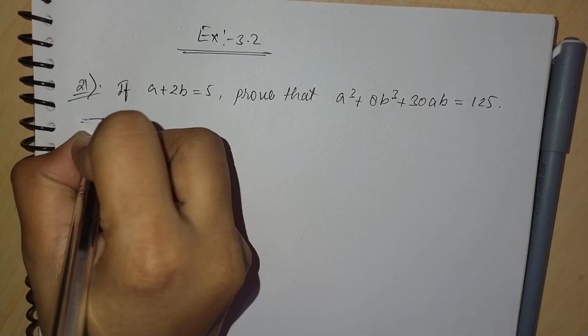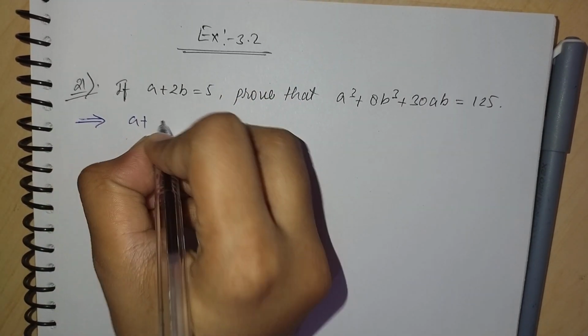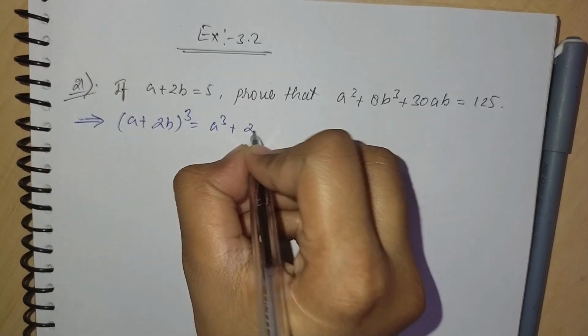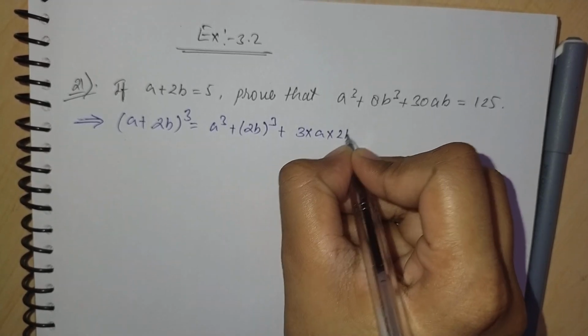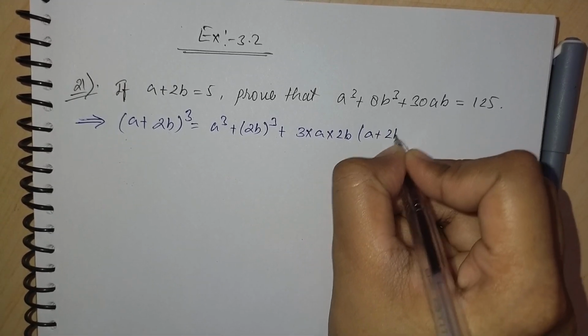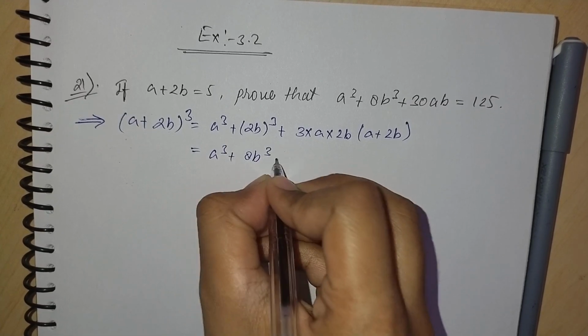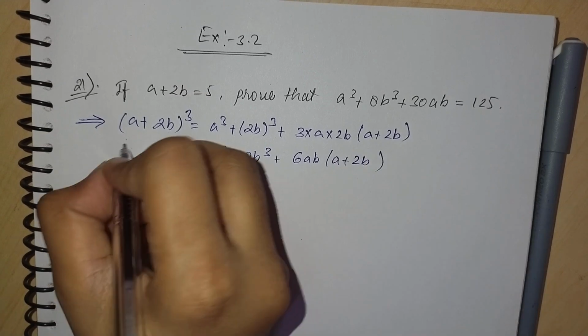On solving, we will firstly do the whole cube of this. So (a plus 2b) whole cube equal to a cube plus (2b) cube plus 3 into a into 2b, here a plus 2b, equal to a cube plus 8b cube plus 6ab, here a plus 2b.